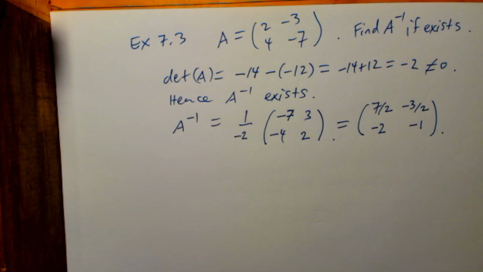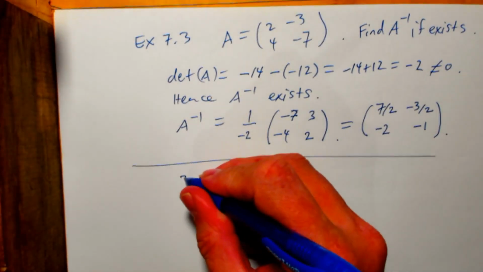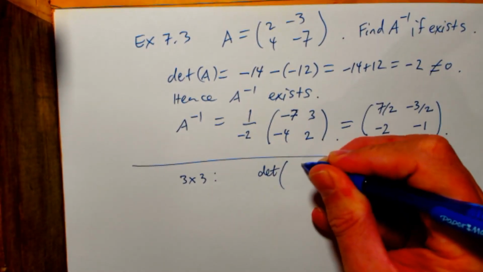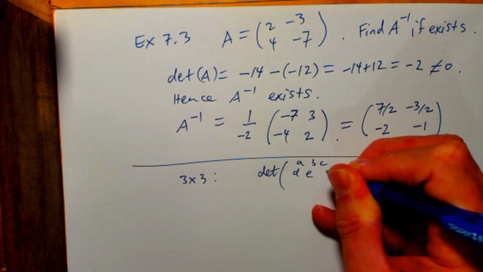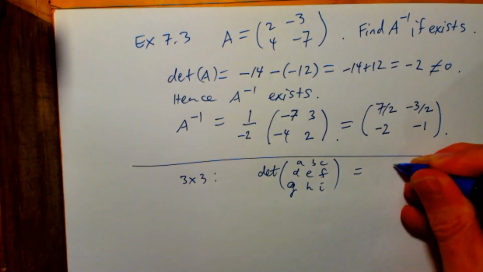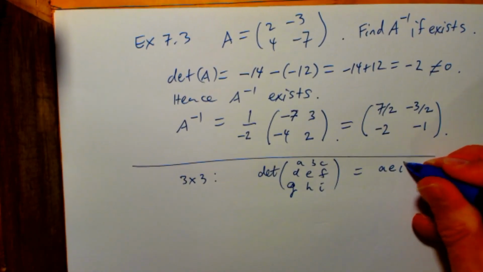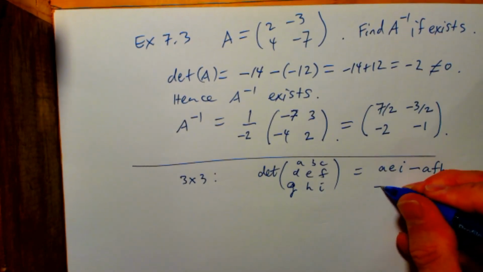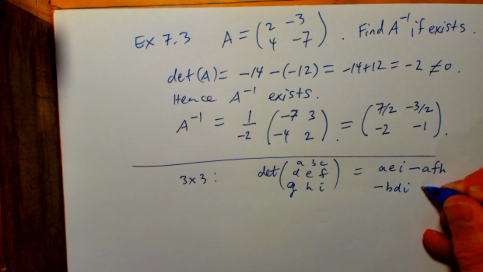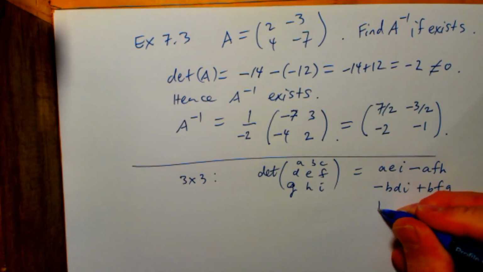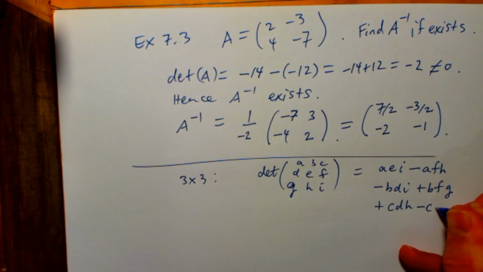Okay, but the determinant of a 3 by 3, so the determinant of A, B, C, D, E, F, G, H, I is equal to AEI minus AFH minus BDI plus BFG plus CDH minus CEG.